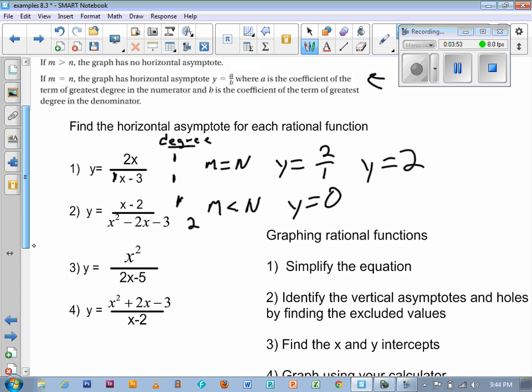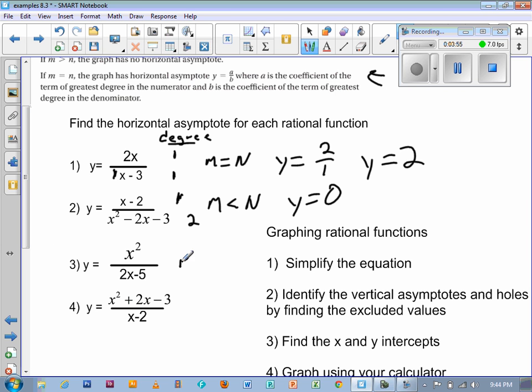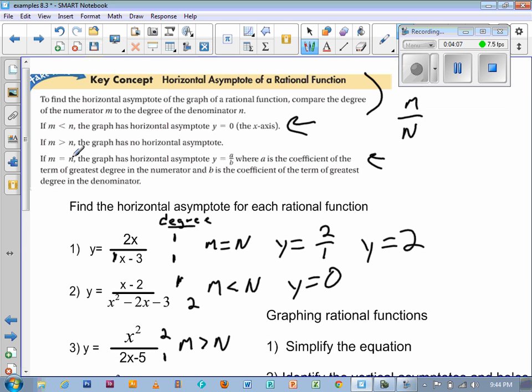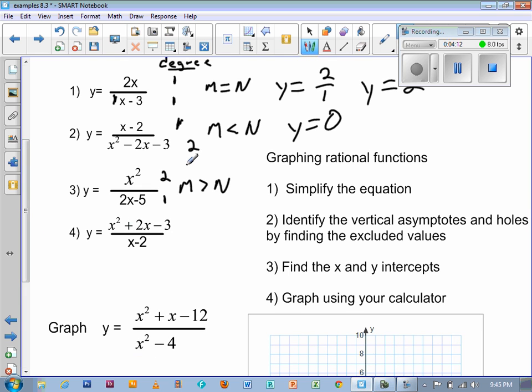Now, the next one, as you can see, m is greater than n. The degree of the top is bigger than the degree of the bottom. If you have that situation, then number 2 applies. There are no horizontal asymptotes. And you would write that in there. No horizontal asymptotes. And number 4 is the same way. As you can see, m is greater than n.